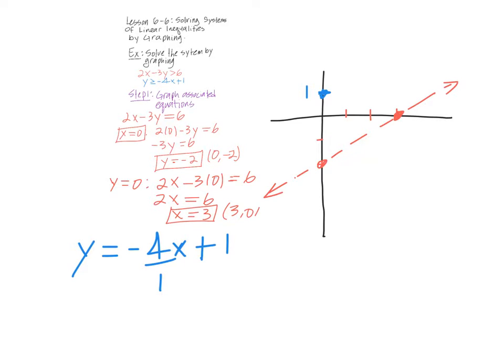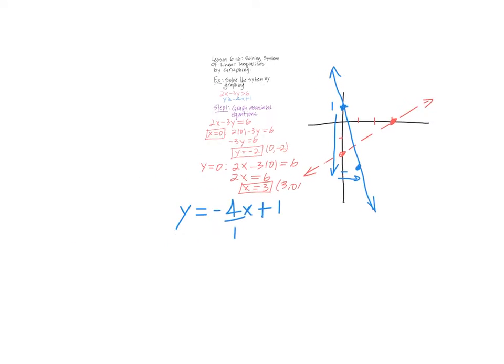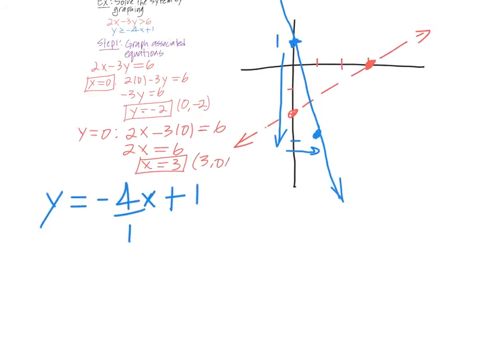And I know that I will go down 4 units and right 1. So that will give me the point shown. Connect the dots with a solid line. So that is the first step, graphing the associated equations.